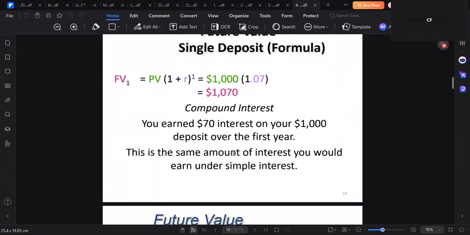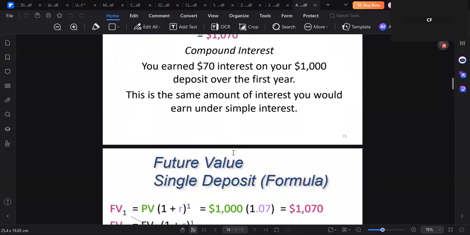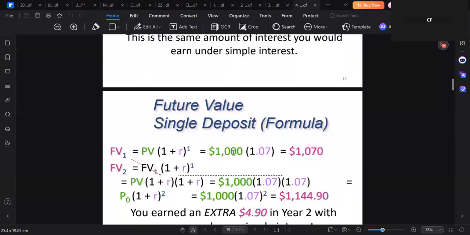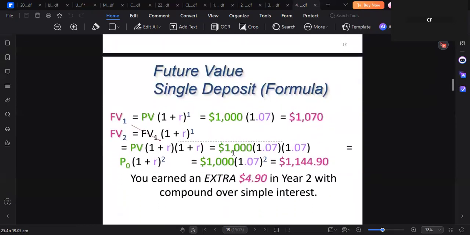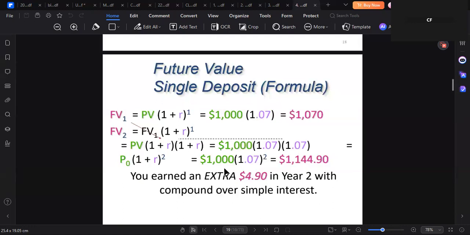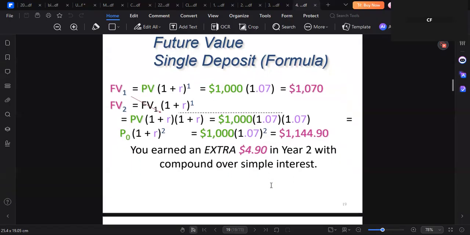For the second year, it is 7% of the 1070. You're going to have 1144.90. In the initial we had 140, now we have 144.90. So we have an extra 4.9 compared to simple interest. So compound interest earns you more money.